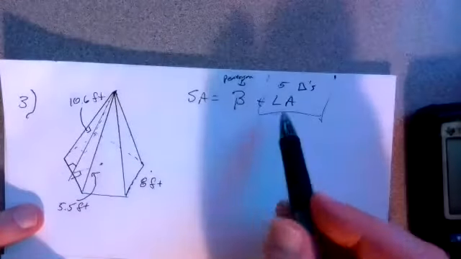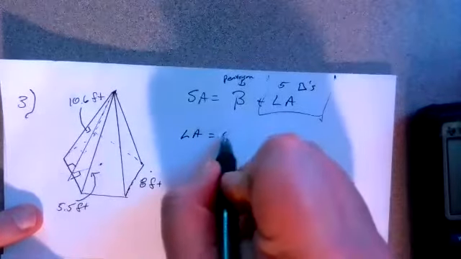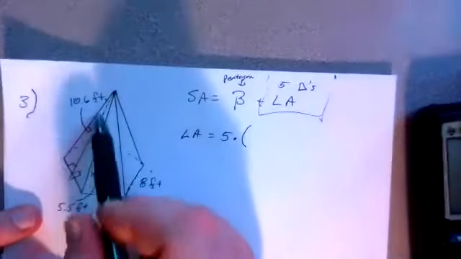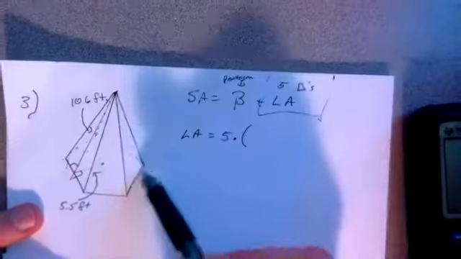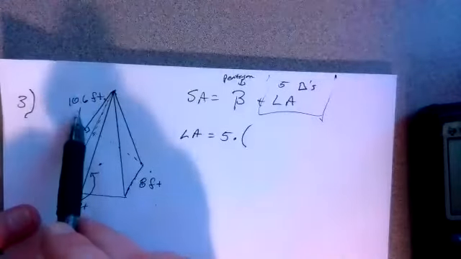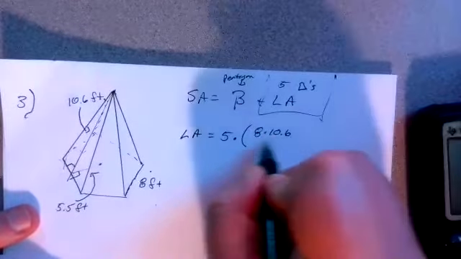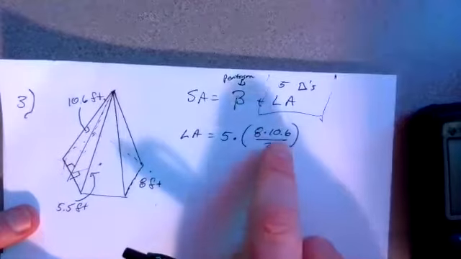All right, so the lateral area is going to be 5 times 1 triangle. So one of these triangles, the base is 8, the height is 10.6. So we're going to have 8 times 10.6 divided by 2, right? The area of a triangle, base times height divided by 2.